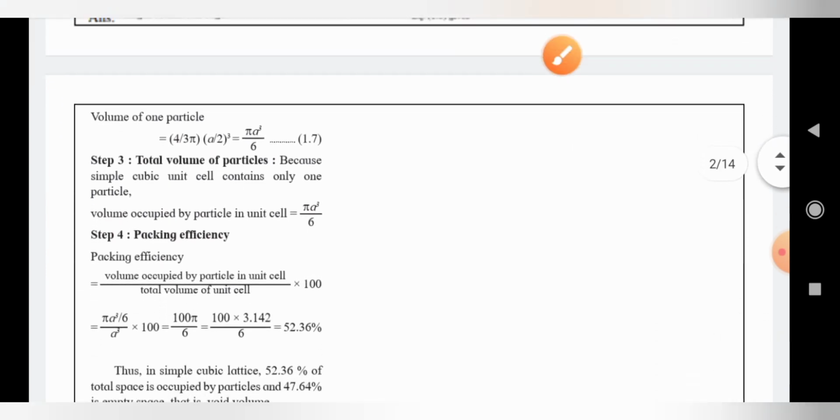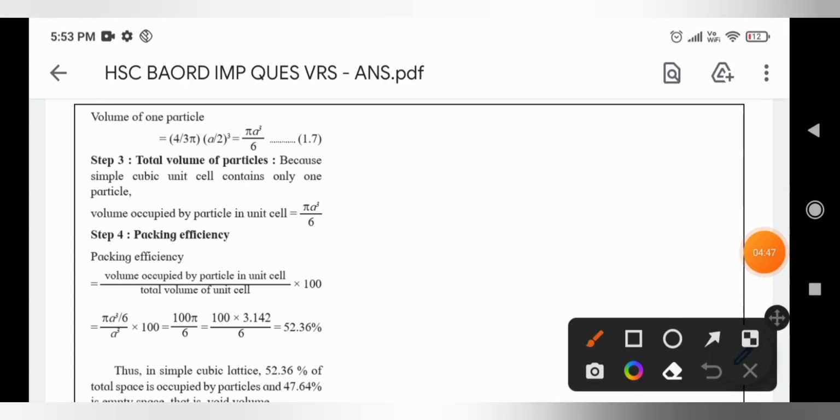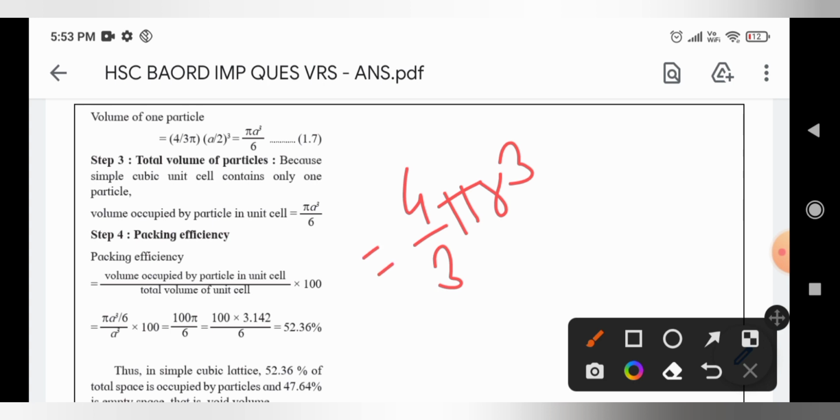Secondly, simple cubic contains one sphere. Initially we will calculate the volume of a sphere, which is 4 by 3 pi r cube.